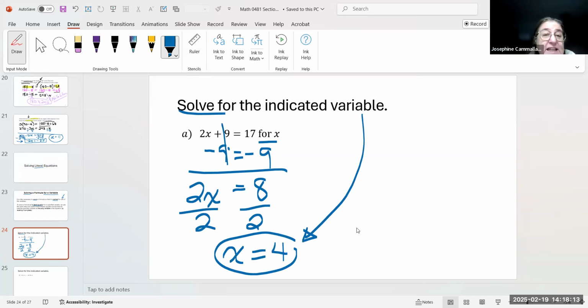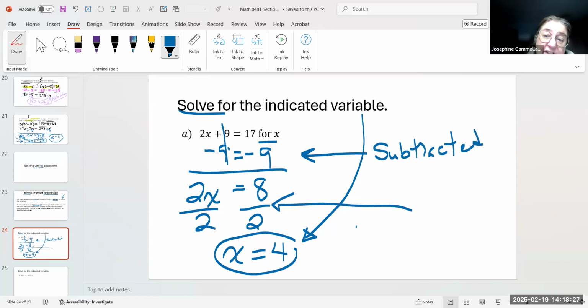Now notice what I did. I subtracted. I then divided. Because remember, Aunt Sally makes dumplings.